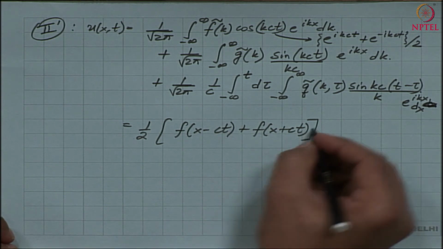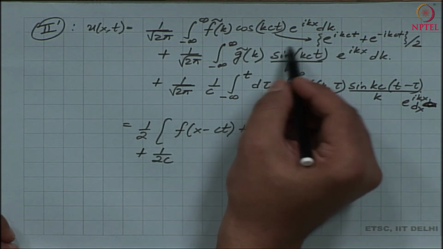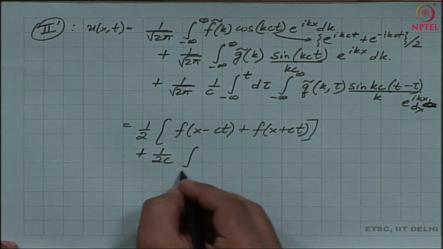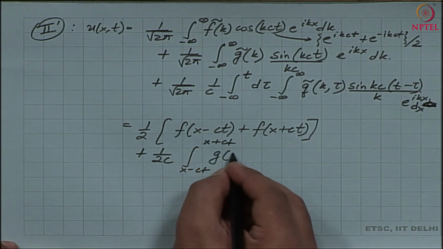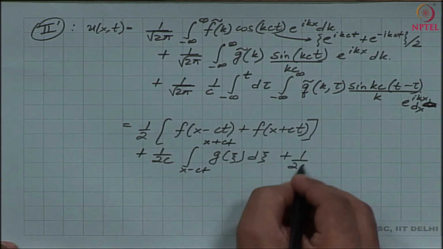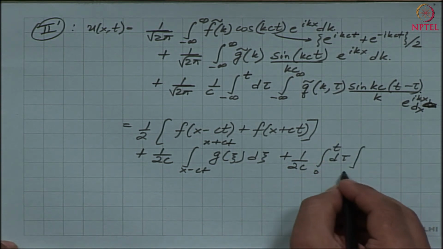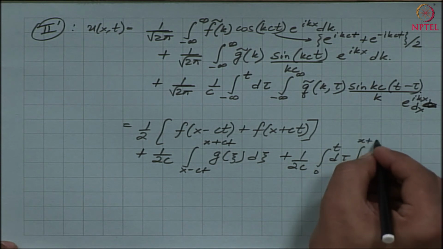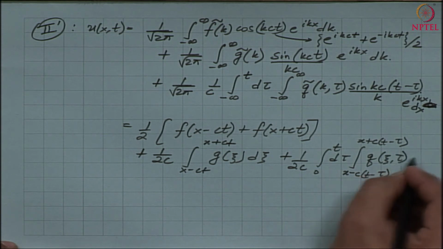The second expression is 1 by 2 c; again replacing the sine function by its exponential equivalent using Euler's formula, I get that the second integral is from x minus c t to x plus c t of g of zeta d zeta, and then the last integral is 1 by 2 c times integral 0 to t d tau, and then integral from x minus c t minus tau to x plus c t minus tau q of zeta comma tau d zeta.